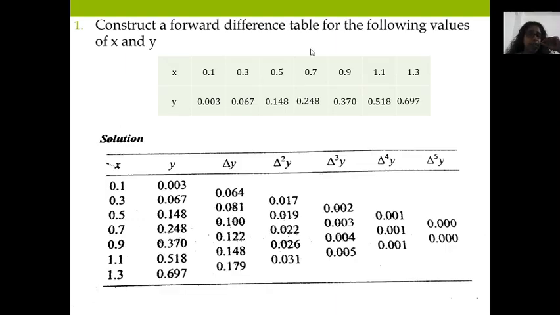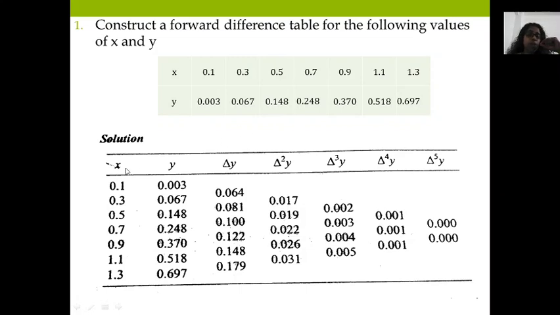The question is, construct a forward difference table for the following values of x and y. You are given values of x and y and I hope you can see them. Okay, note it down. And we are going to construct the forward difference table.